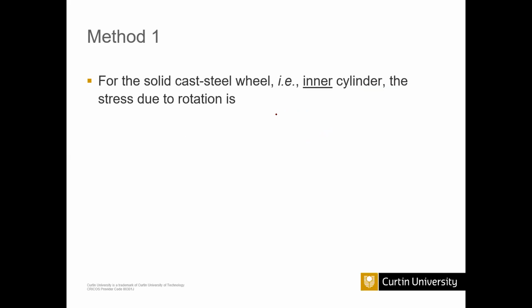For the solid cast steel wheel, the inner cylinder stress due to rotation is given by this equation. For the radial stress due to rotation, you can see the equations here. They substitute all the given values and get the general equation.